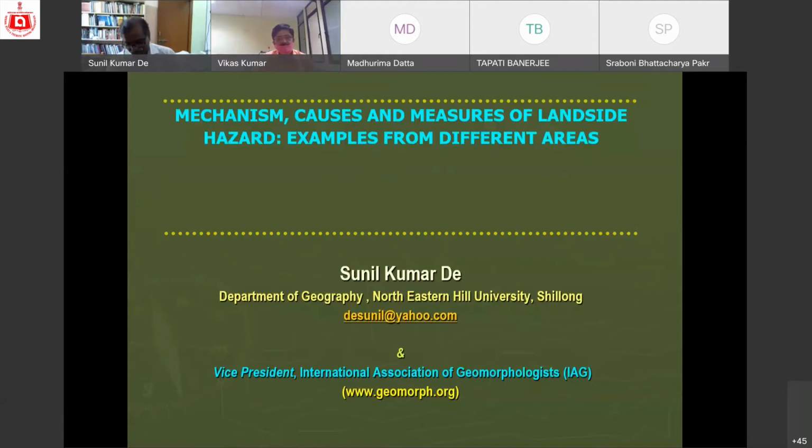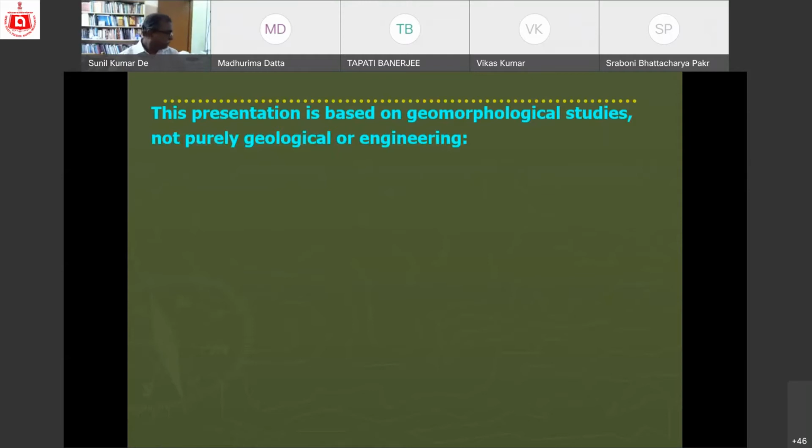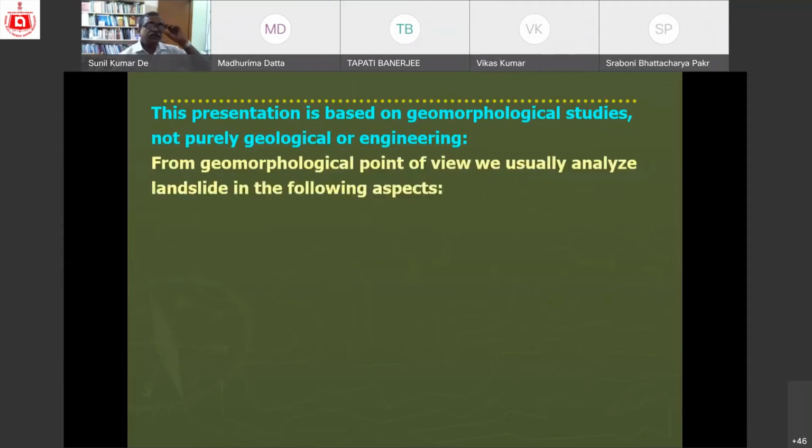Now, this presentation is based mainly on geomorphological studies. It is not purely geological or engineering aspects. And the whole presentation I have divided in this way. This usually analyzes the landslide in the following aspects in geomorphology. Number one, it is mechanism.